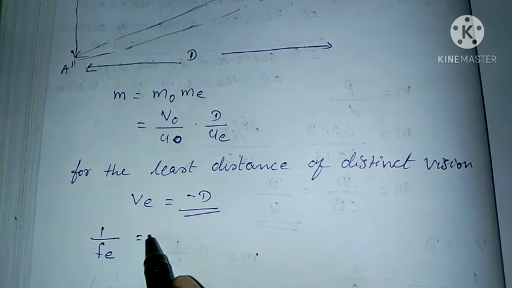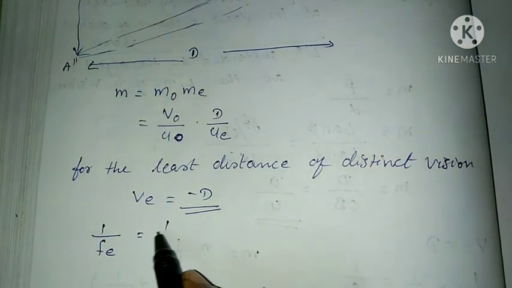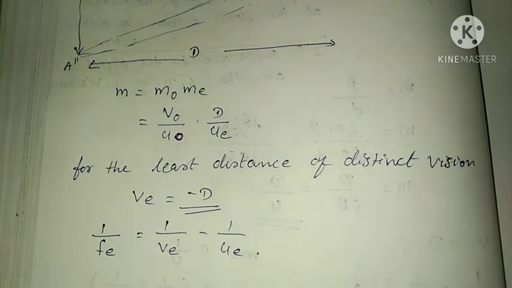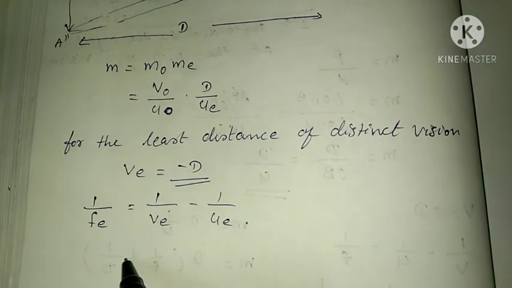That means in the simple microscope, 1 by FE equal to 1 by VE minus 1 by UE from the thin lens formula. So what is the VE?